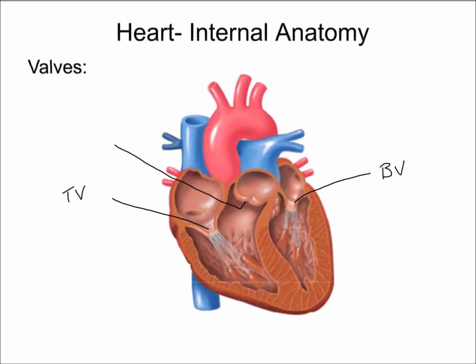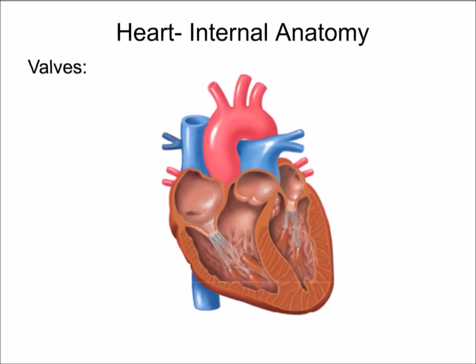This is called the pulmonary semilunar valve. And the pulmonary semilunar valve is found between the right ventricle and the pulmonary trunk. And then the last valve found within the heart is this valve right here. It's called the aortic semilunar valve. And the aortic semilunar valve is found between the left ventricle and the aorta.